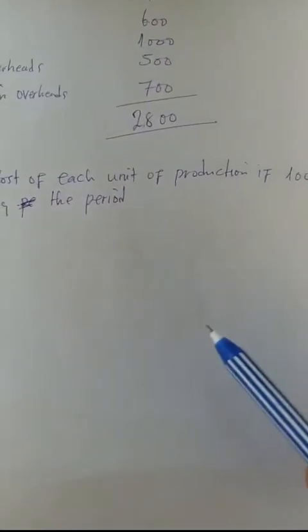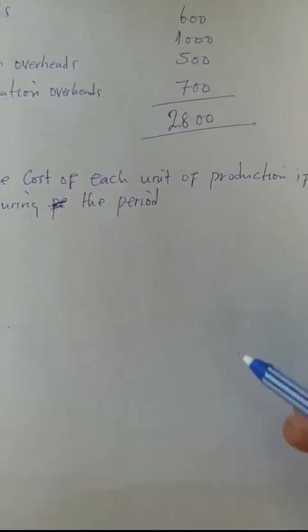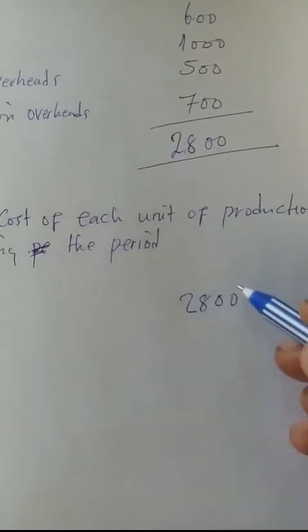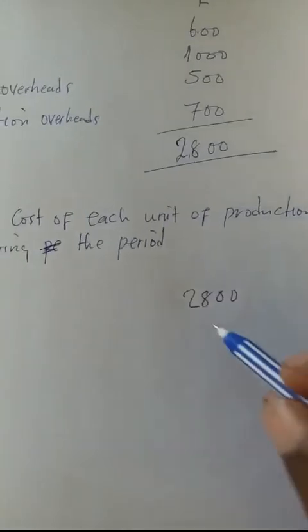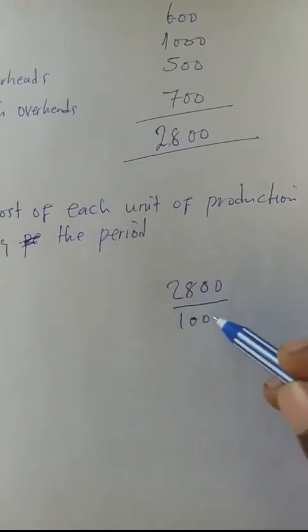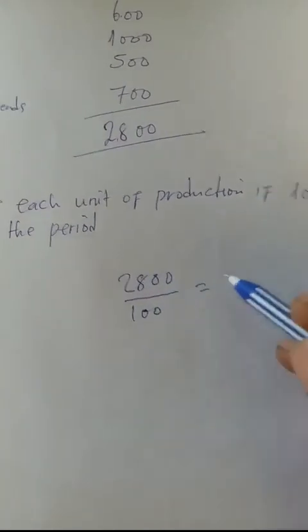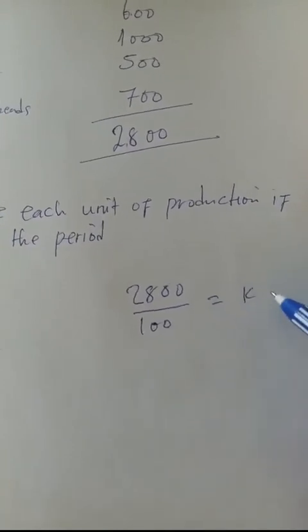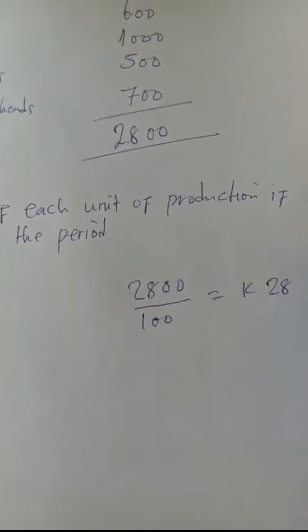So you produce 100 units, now you want to find 1 unit. If you do 2,800 kwacha, which is the total cost incurred, divided by the 100 units, it will give you 28 kwacha per unit.